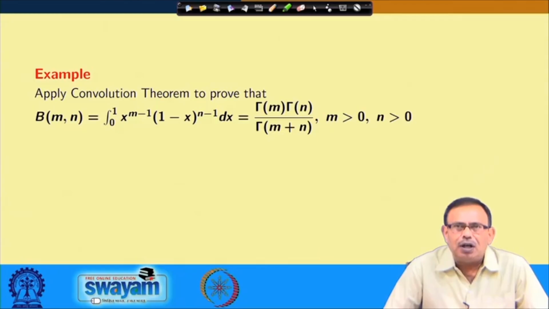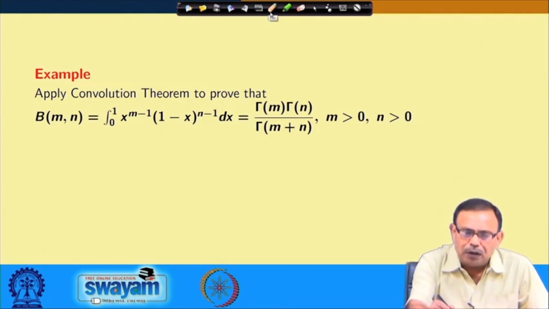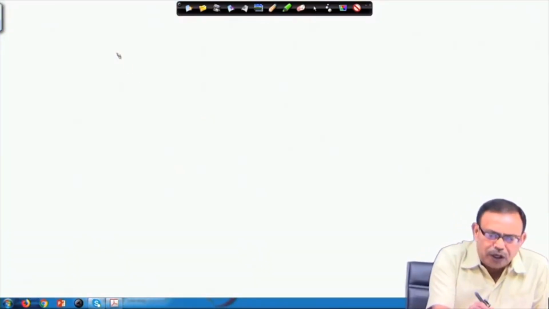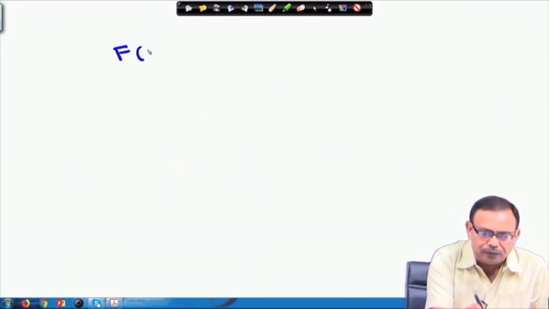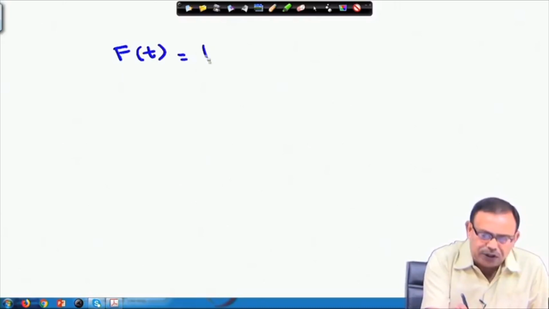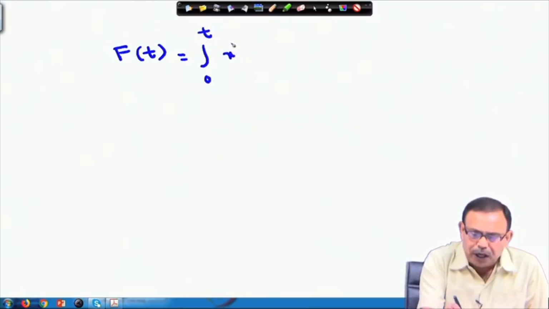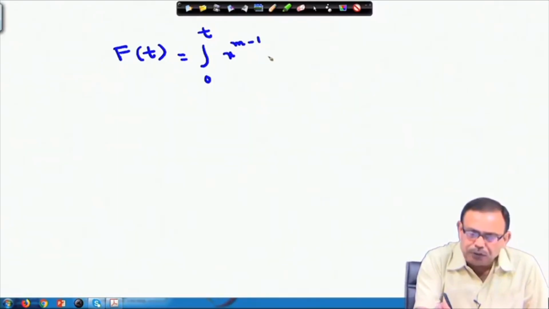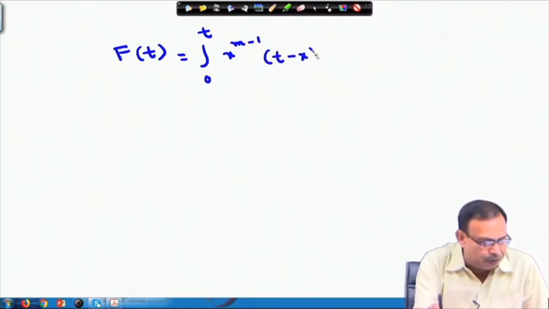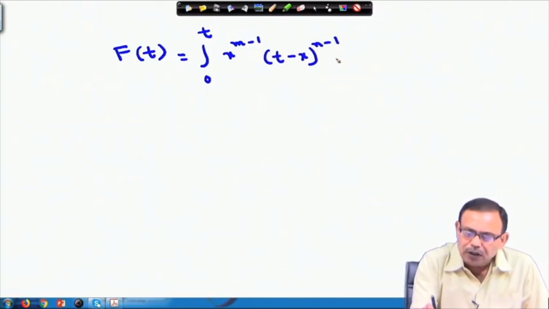Now, we want to see how, using the Laplace transform, we can find the value of beta m n as gamma m gamma n by gamma m plus n, where m is greater than 0 and n is greater than 0. Let us see this. We are assuming a function f t equals the integral from 0 to t of x to the power m minus 1 into t minus x whole to the power n minus 1 dx.